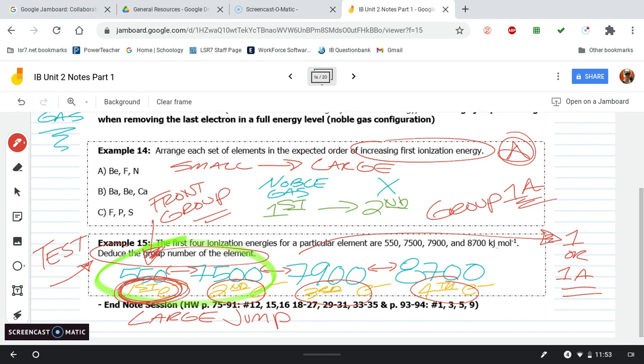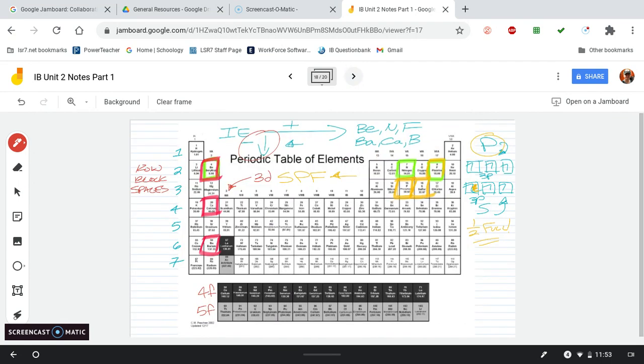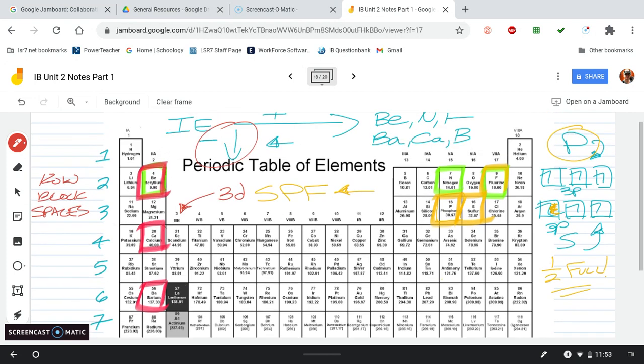Okay, now let me show you on the periodic table before we run out of time how this looks. If I take a look here, it came from this first group right here, and it was something like sodium or potassium or rubidium. It lost 1 and ended up over here.